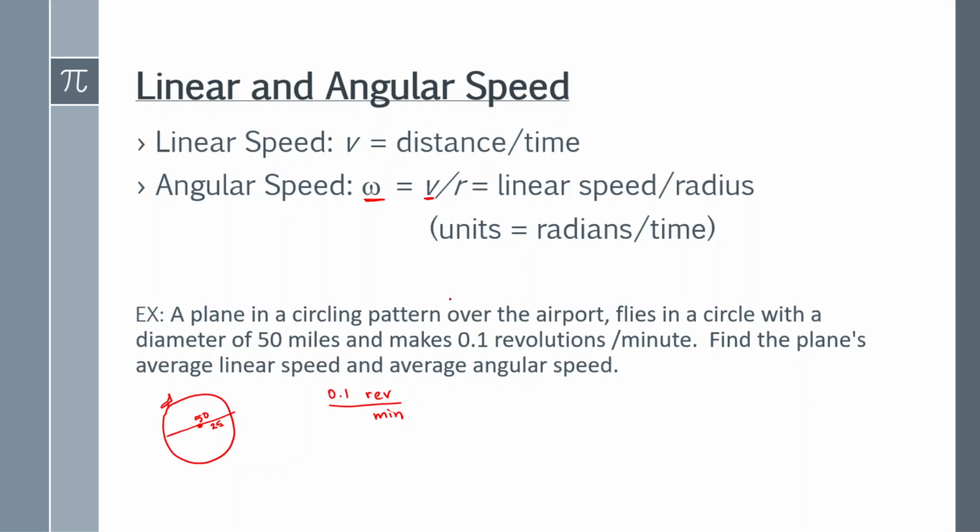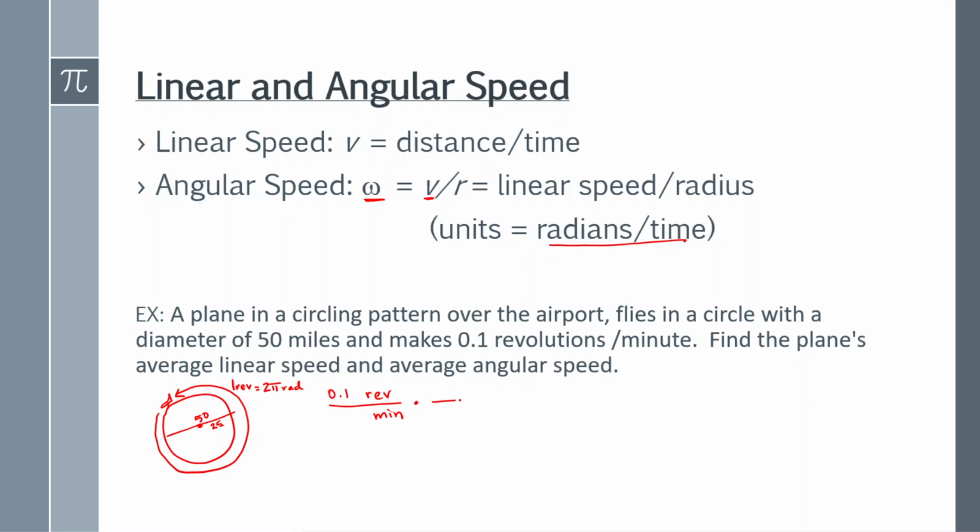Okay, in order to get this to angular speed, I need to get rid of revolutions and get to radians. Well, how many radians does it take if the plane makes one circle? One revolution is going to be 2 pi radians.